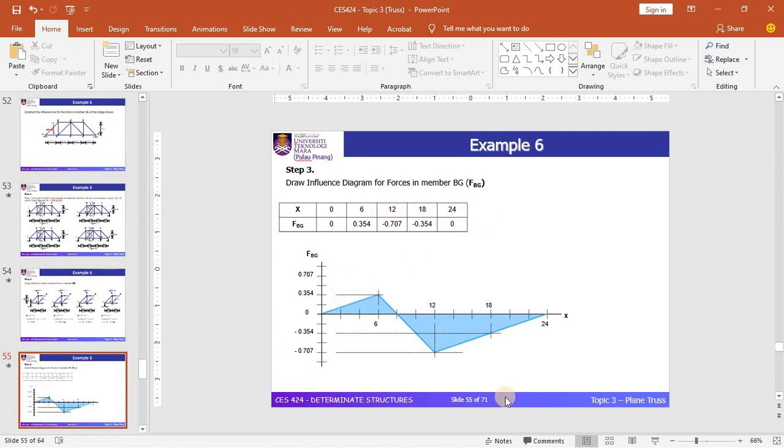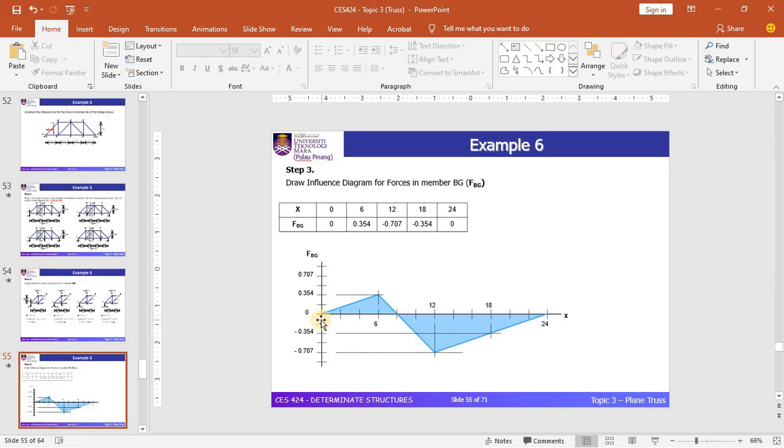This is the influence line diagram for member BG. You can see that this is the tension side, and this is the compression side of internal forces.